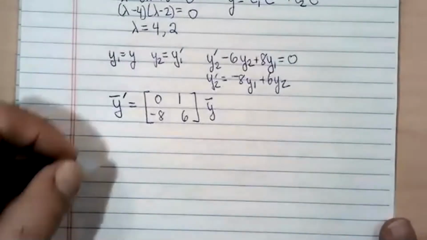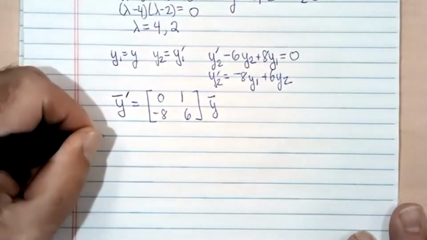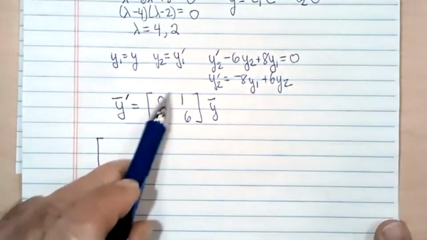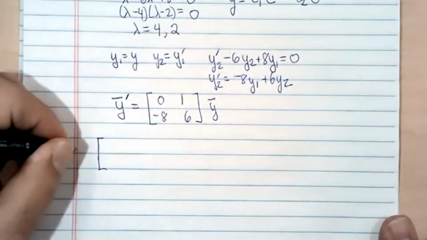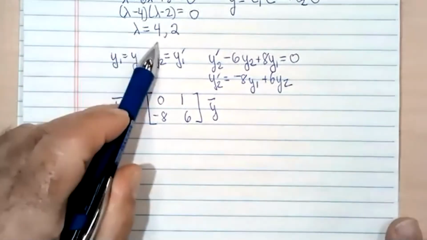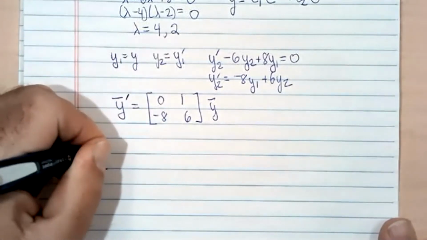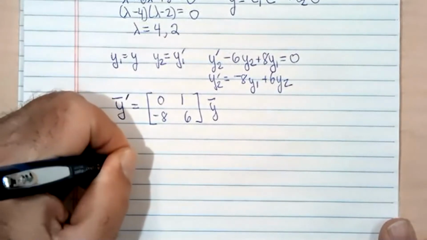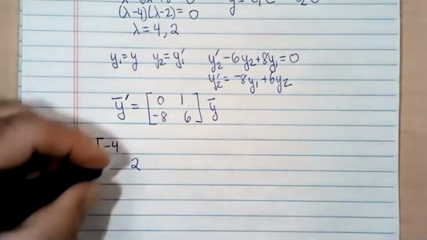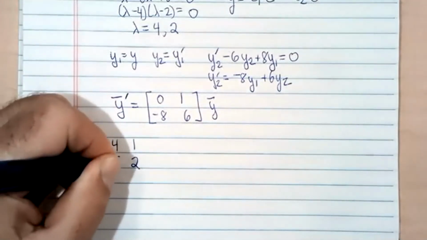We don't need to compute that twice, but we do need to get our eigenvectors. So I'm going to take this matrix and subtract 4 down the main diagonal, leaving the other entries unchanged.